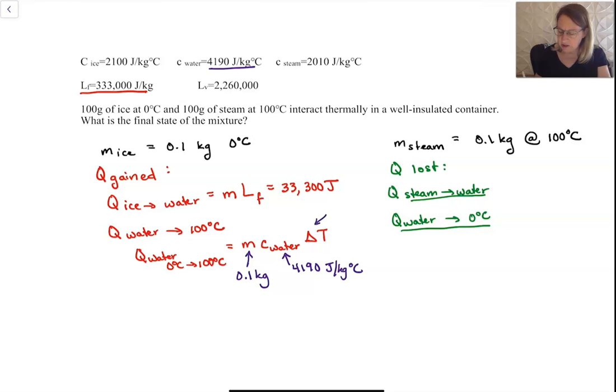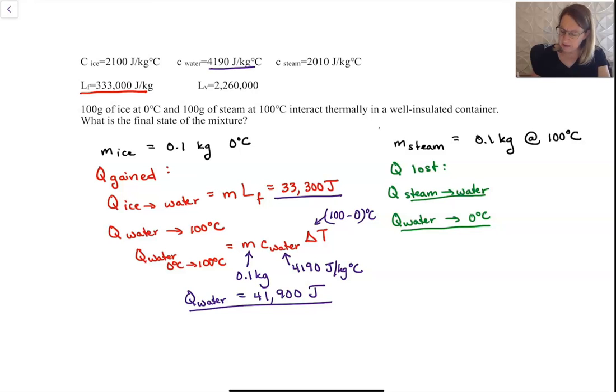And then this change in temperature, the final temperature is going to be 100 minus 0, in degrees C. And so when we do that, we find that this Q, water, to make this transition, is equal to 41,900 joules. Okay? So we have heat to take the water up to temperature, heat to melt the ice.